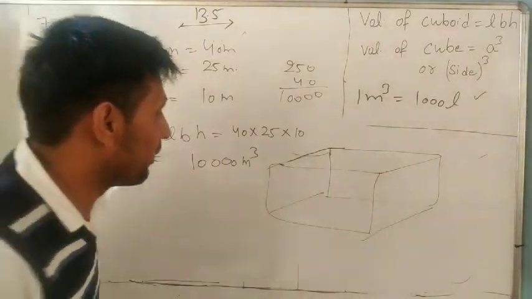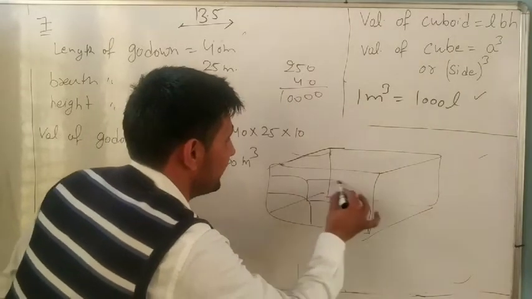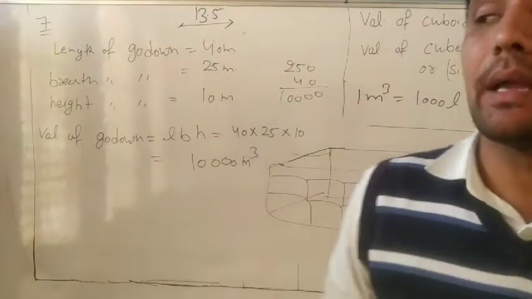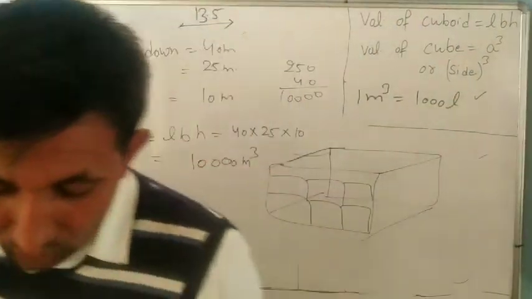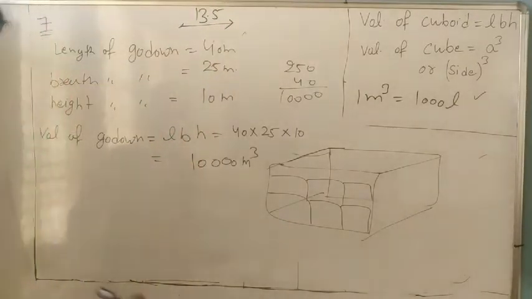But in this godown we want to put carats inside. In the question he is asking how many carats we can put, and the size of one carat is given.